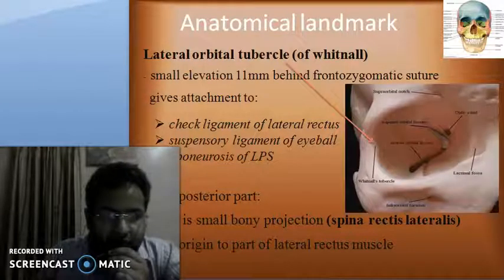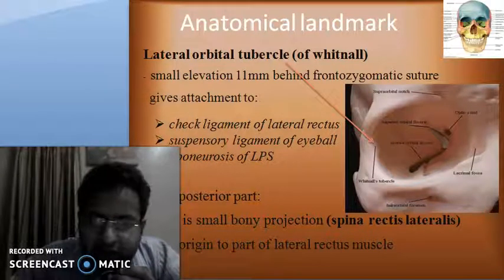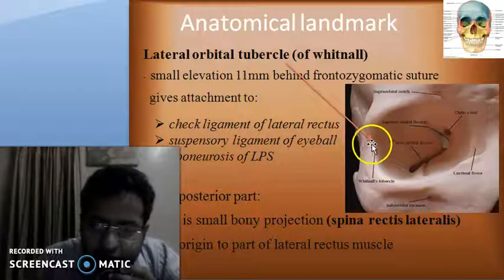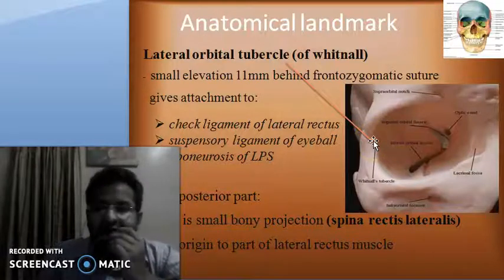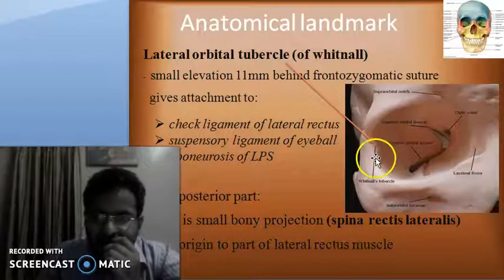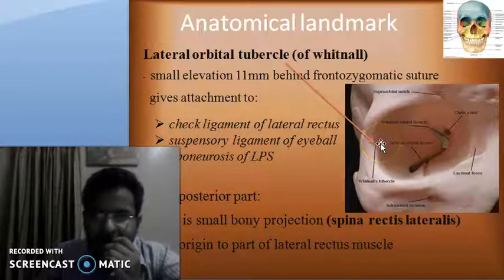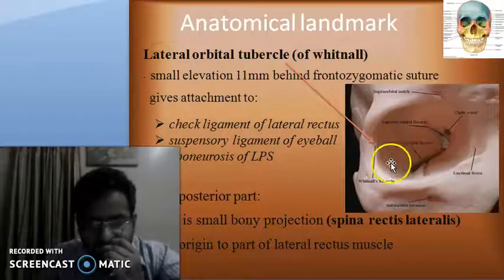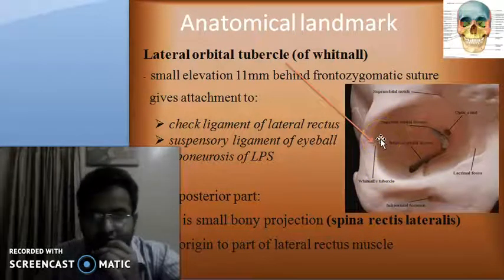Okay, the anatomical landmarks of the lateral orbital wall are the lateral orbital tubercle, also known as the tubercle of Whitnall. It is a small elevation about 11 mm behind the frontozygomatic suture, and it gives attachment to the check ligaments of the lateral rectus, the suspensory ligament of the eyeball, and the aponeurosis of the LPS.